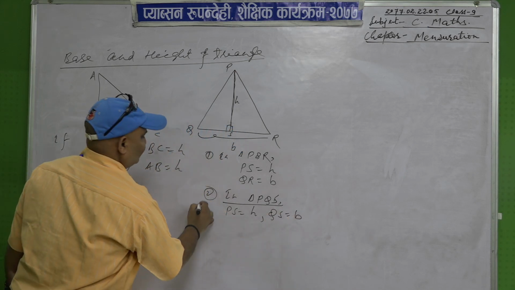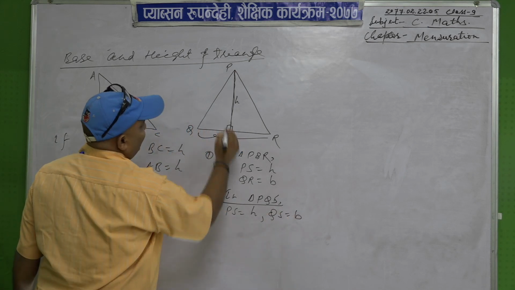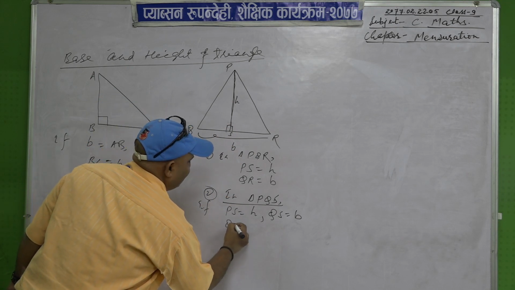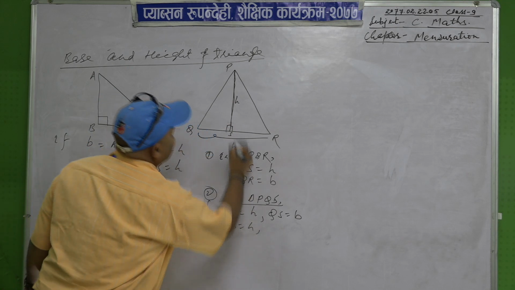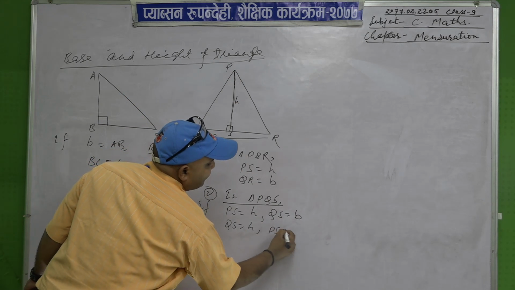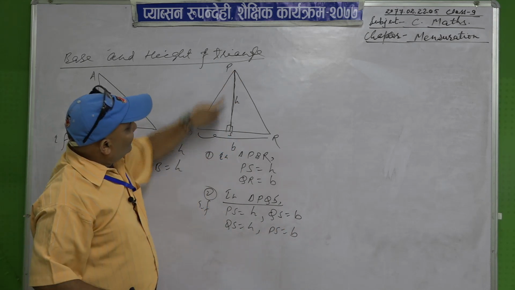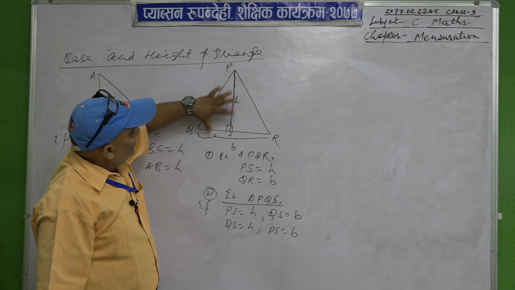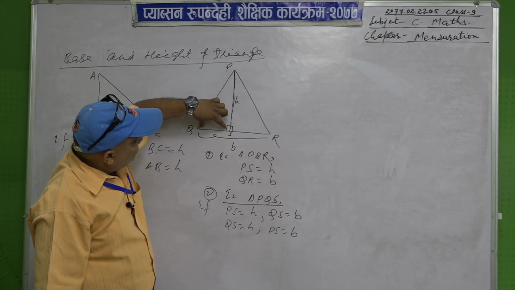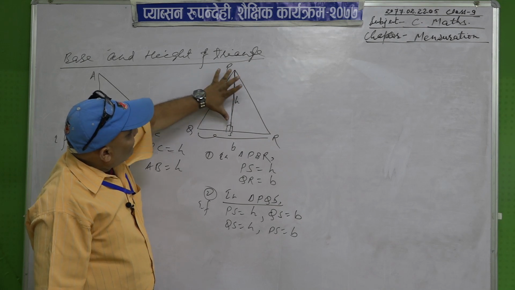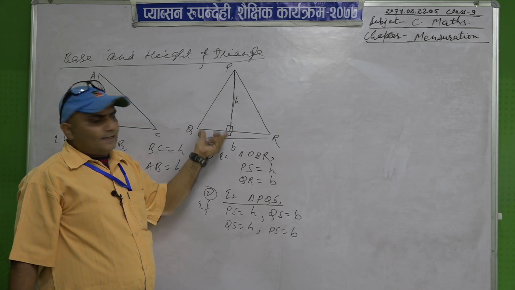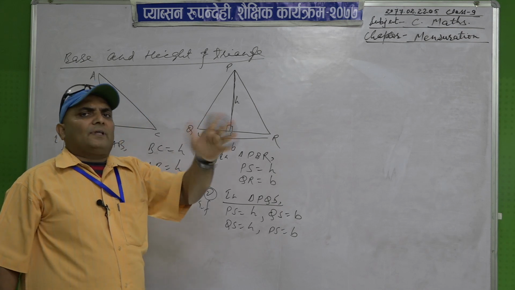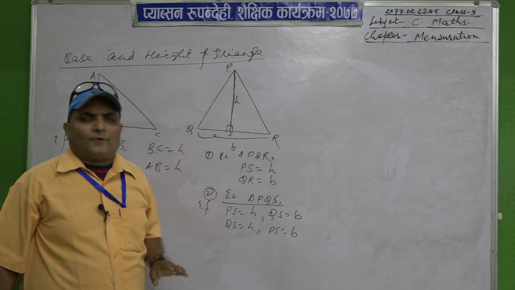Same way, if QS is height, then PS is base. In this figure, this part is base. If we say this is the height, then this part will be base. If this is the base, then this part will be height. In a triangle, there may be two or more than two heights.